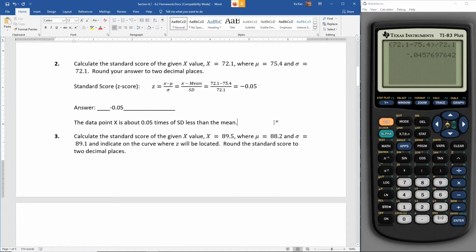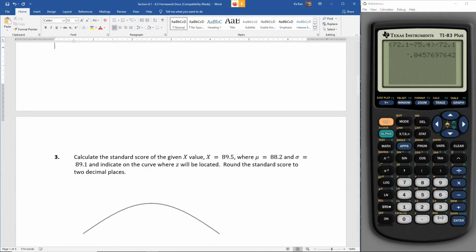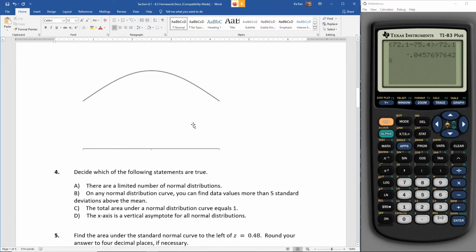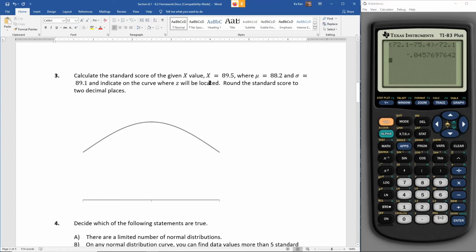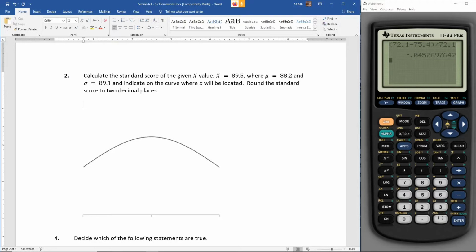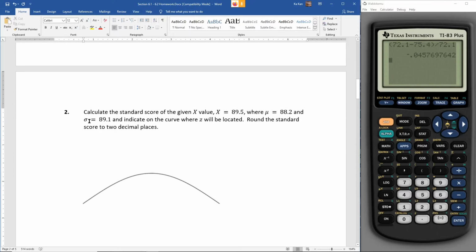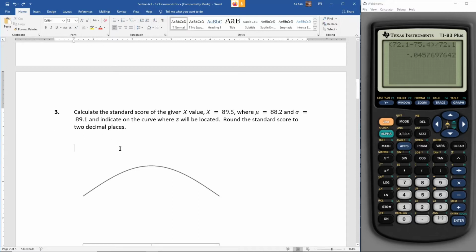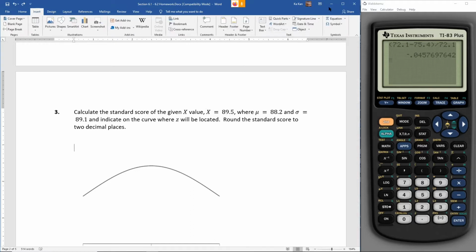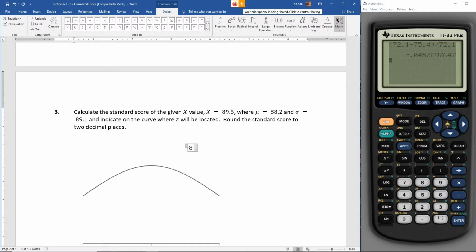Now let's look at the other problem here. Calculate the standard score of the given listing. So it's the same thing, right? This one keeps changing the numbers here. So it'll be 89.5, and again, let me do the fraction, 89.1 minus 88.2.